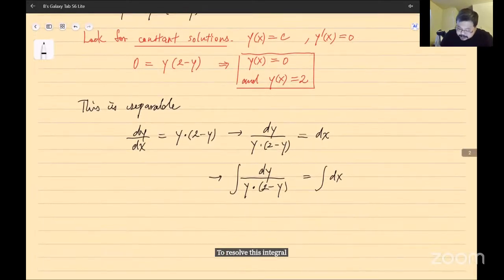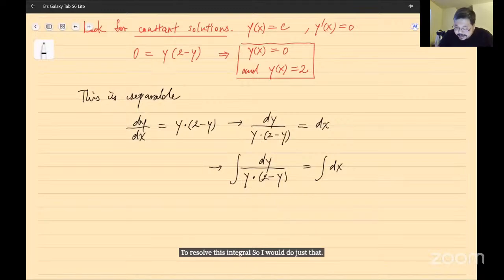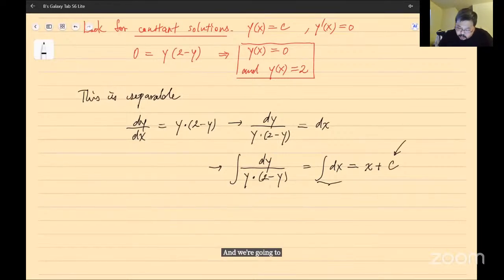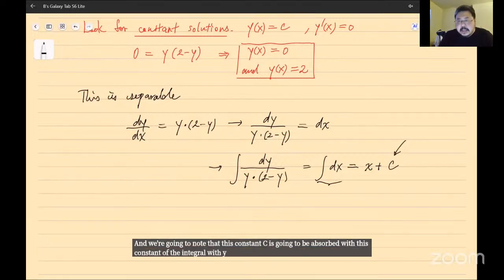So I will do just that. The integral of dx, however, is pretty easy. It is 1 times dx, so that is just x plus a constant c. We're going to note that this constant c will be absorbed with the constant of the integral with y, so we just need this one constant overall, okay?